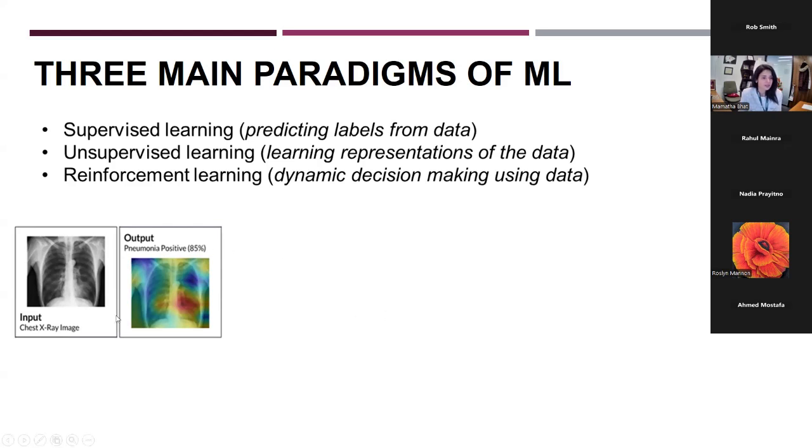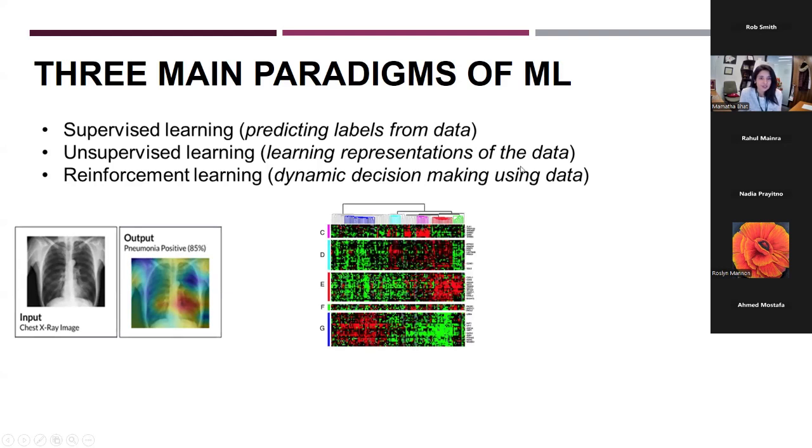For example, you have an input of thousands of chest X-ray images, and those are labeled as pneumonia versus no pneumonia. And then for any new chest X-ray, that supervised ML model can then predict, okay, well, this new chest X-ray has pneumonia.